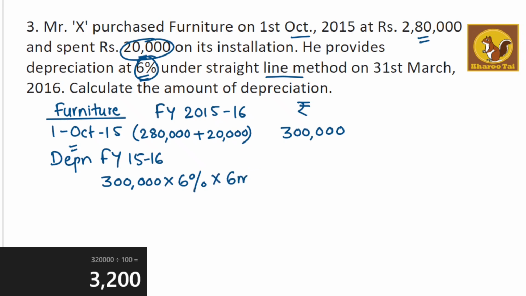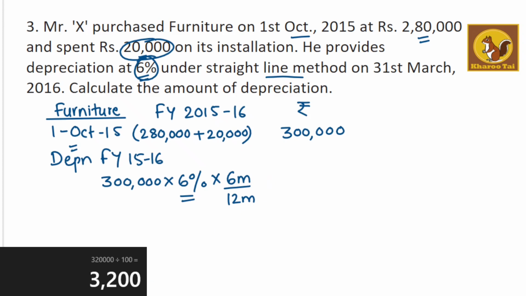So 6 months divided by 12 months. 6% is per annum rate, and we have to calculate depreciation only for 6 months because we have used the asset for 6 months only. 3 lakh into 6% into 6 divided by 12.